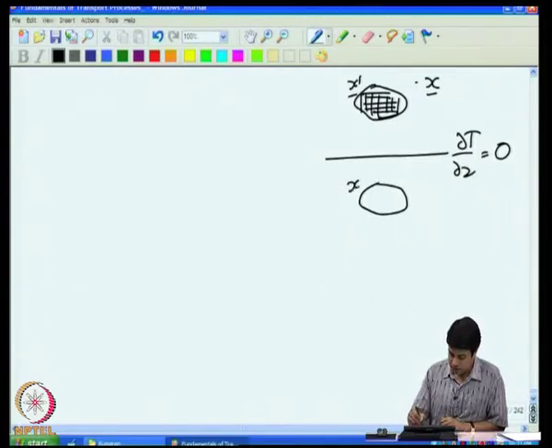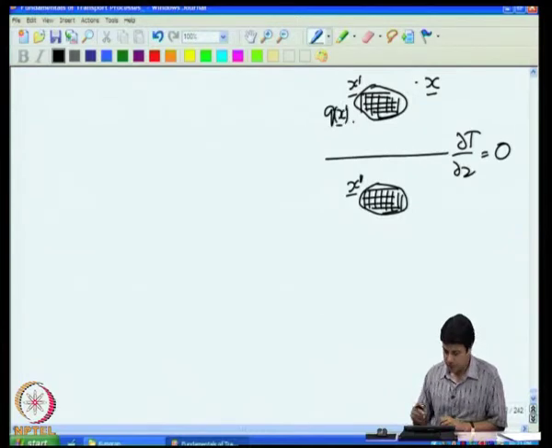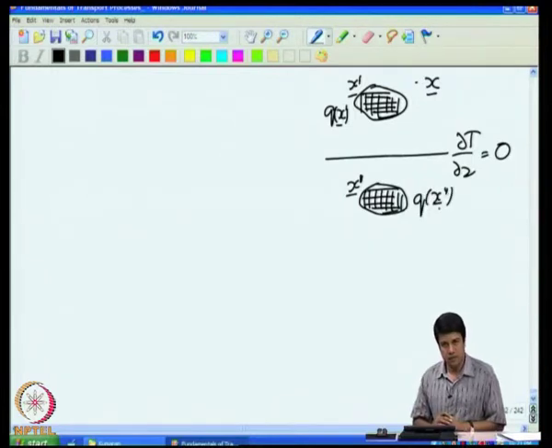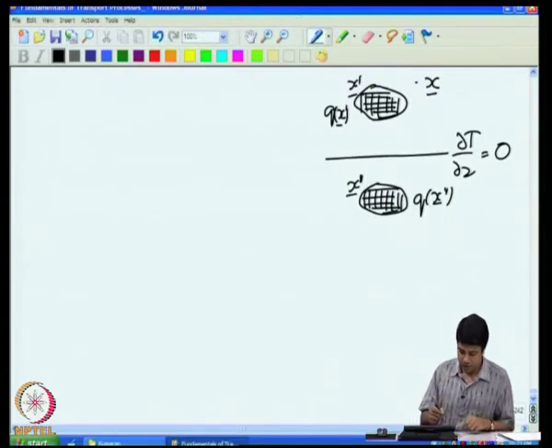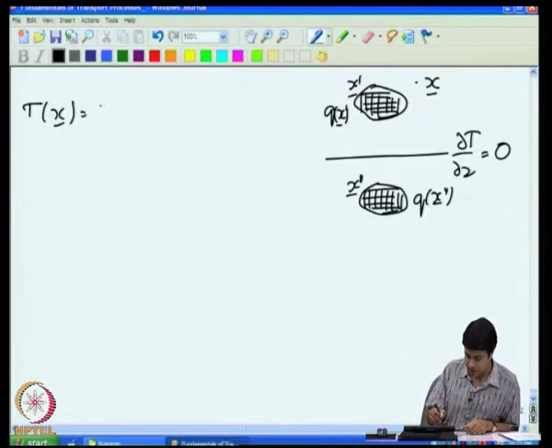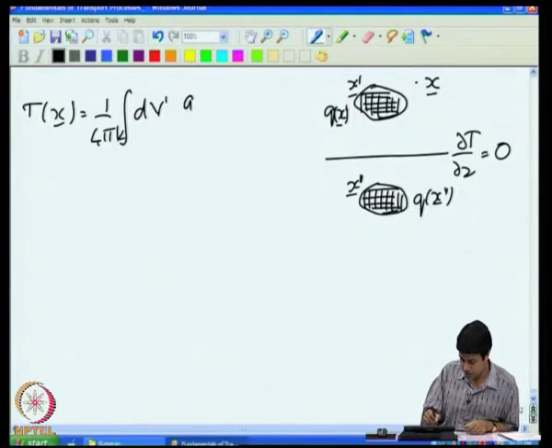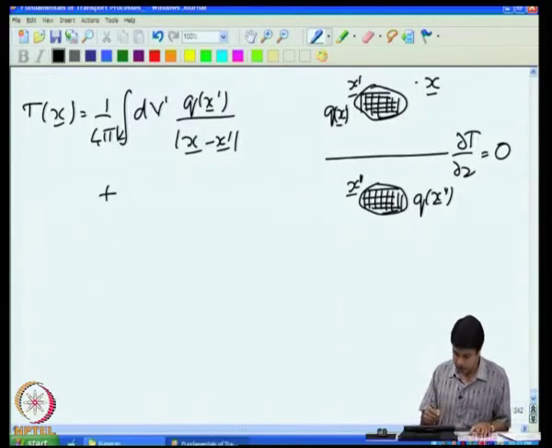This is x double prime, and in this case if I have a source q of x prime here, since the flux is 0 at the wall, you have the same q at x double prime here, the same source both above and below, in such a way that the derivative of the temperature is equal to 0 at the wall. And in this case it is quite easy to write the temperature field as 1 by 4 pi k integral dV prime q at x prime by the magnitude of x minus x prime, plus the same term for the image. In this case I have plus because I need 0 flux condition at the wall.